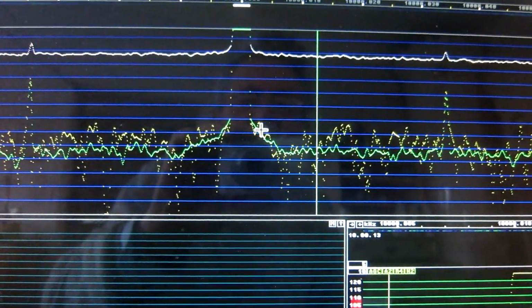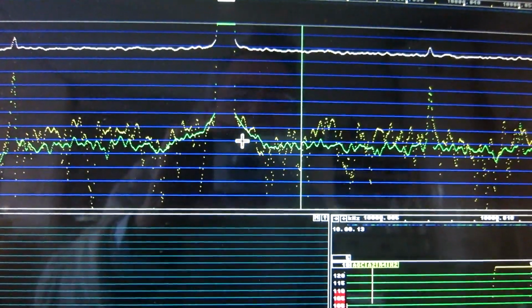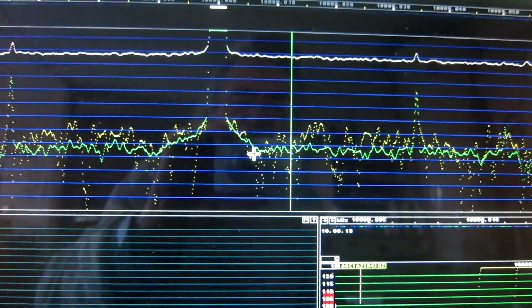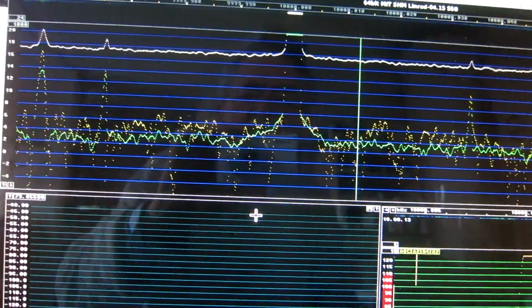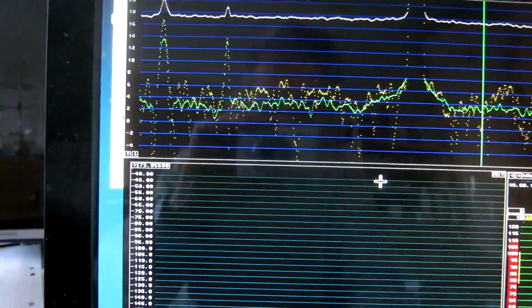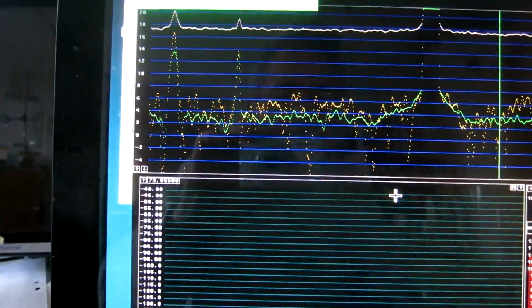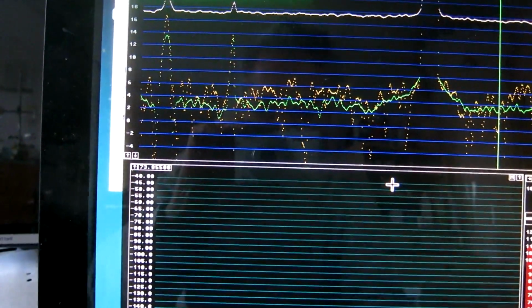Well, I can expand the spectrum once more because I'm interested in this slope here. I will just save this first. G, and I call it expand.